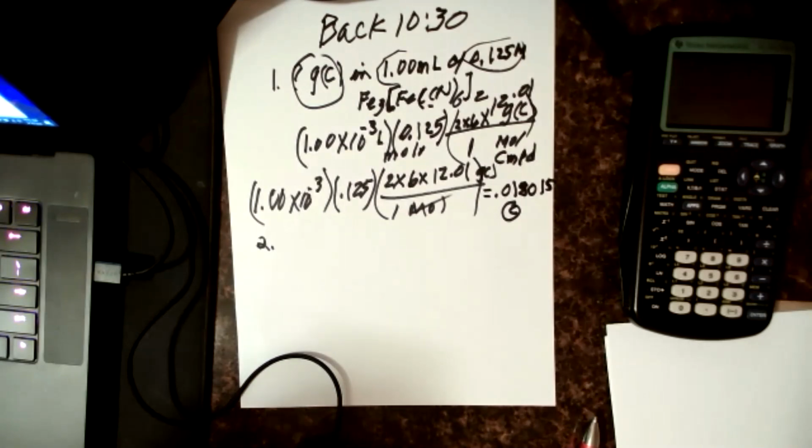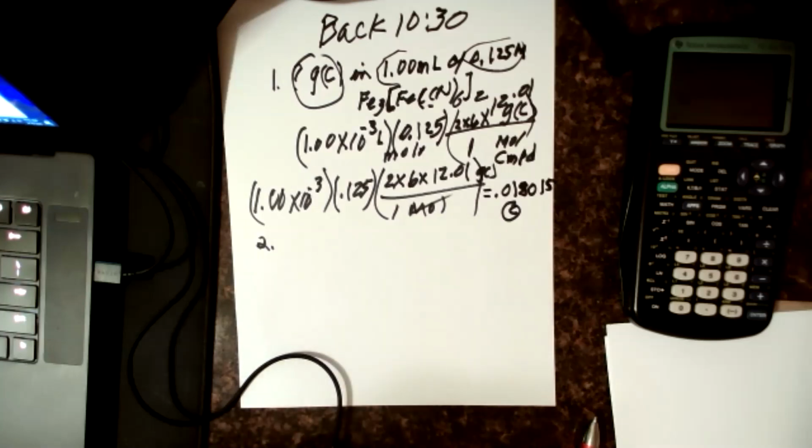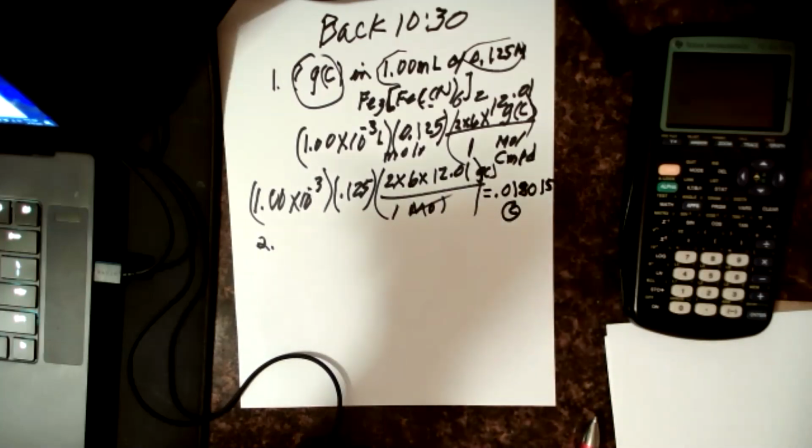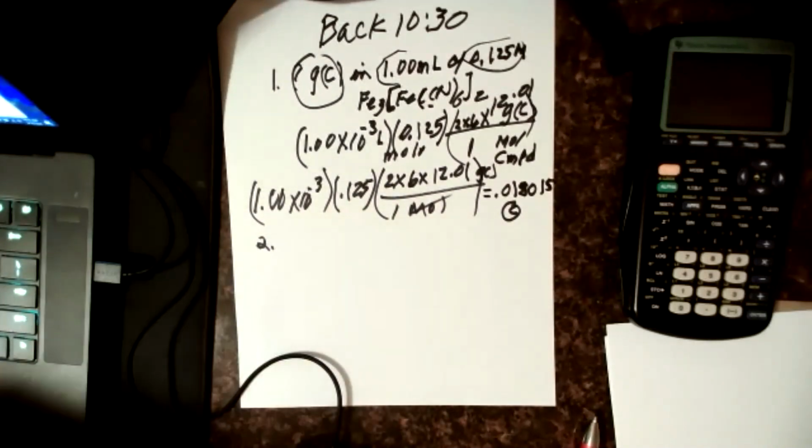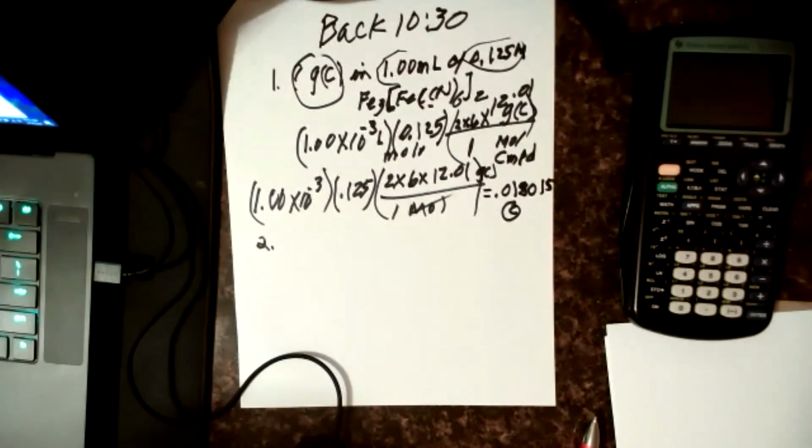We'll buy it from a chemical company, and on the label, it will give you the percentage of the compound that's in that solution and the density of the solution. Now, from that, you can get the molarity.